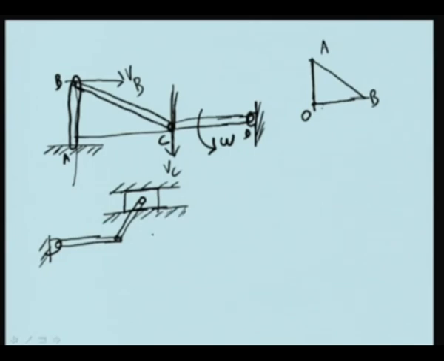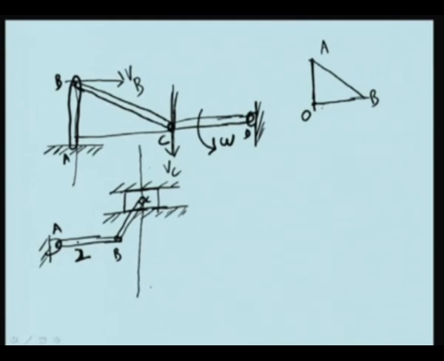Now, instantaneous center of rotation of this link 2 is obviously at A. Instantaneous center of rotation of the slider is at infinity. You can draw a line perpendicular to the motion of the slider and say that the instantaneous center lies somewhere at infinity on this line.